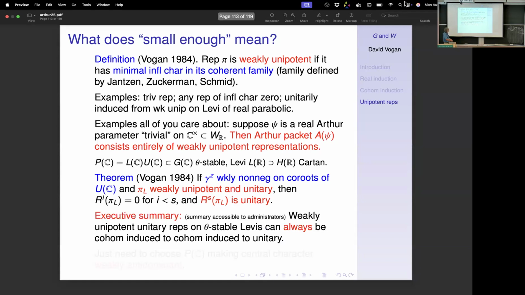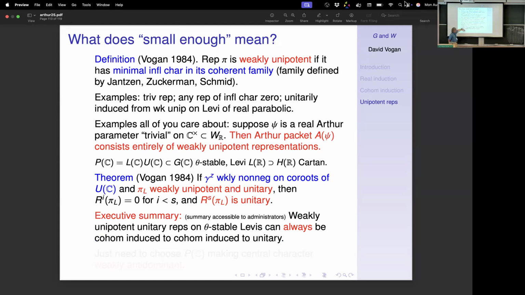So what that says is that weakly unipotent unitary representations on theta stable Levis can always be cohomologically induced.